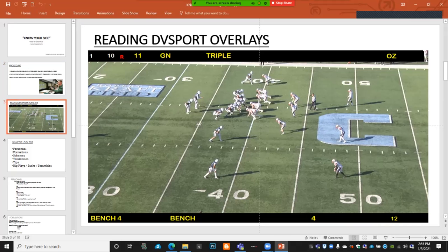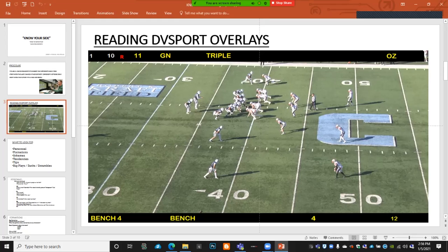We use DV Sport. Some schools use Huddle. Some schools use Exos Thundercloud. When I talk to my guys about how to watch film and scouting reports, I always make sure I coach them up on how to read the overlays in DV Sport.